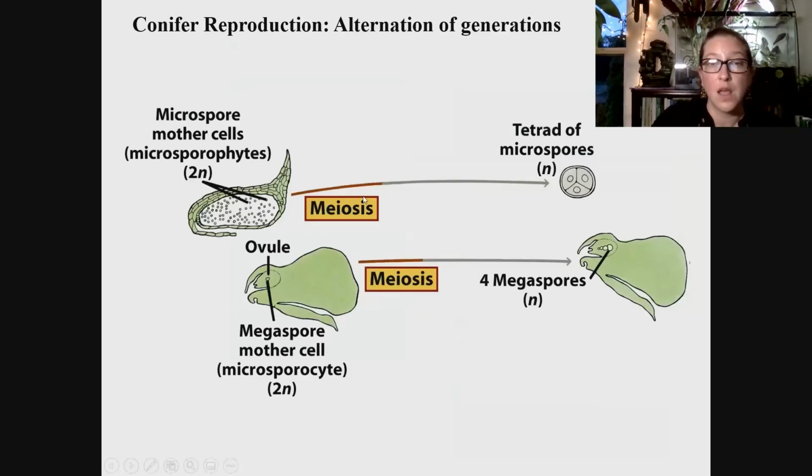So, as I said, the microsporangia is where meiosis occurs to make the microspores. The ovule, which is right there, is where meiosis occurs to make megaspores.